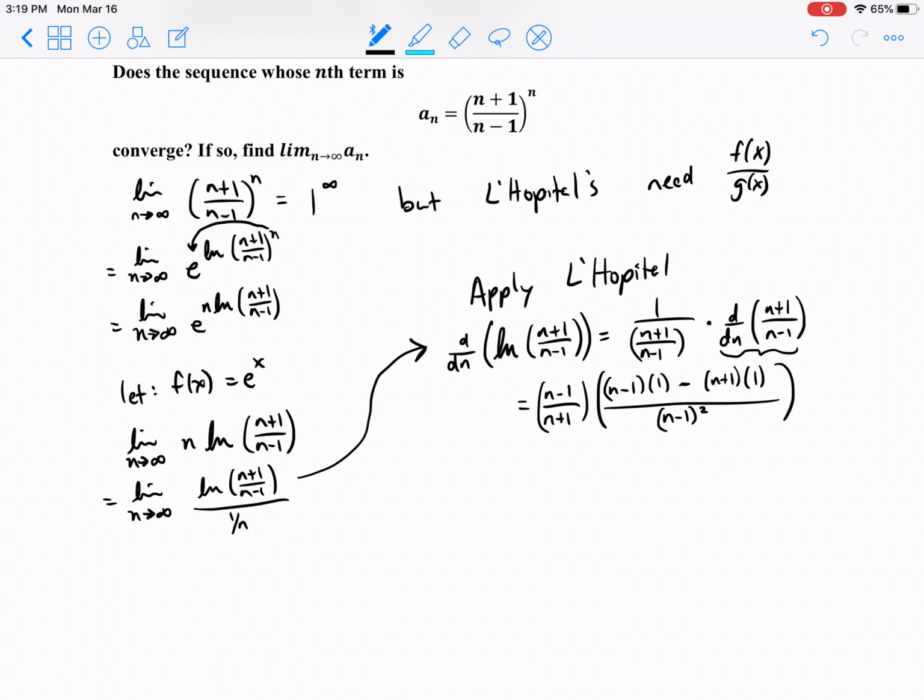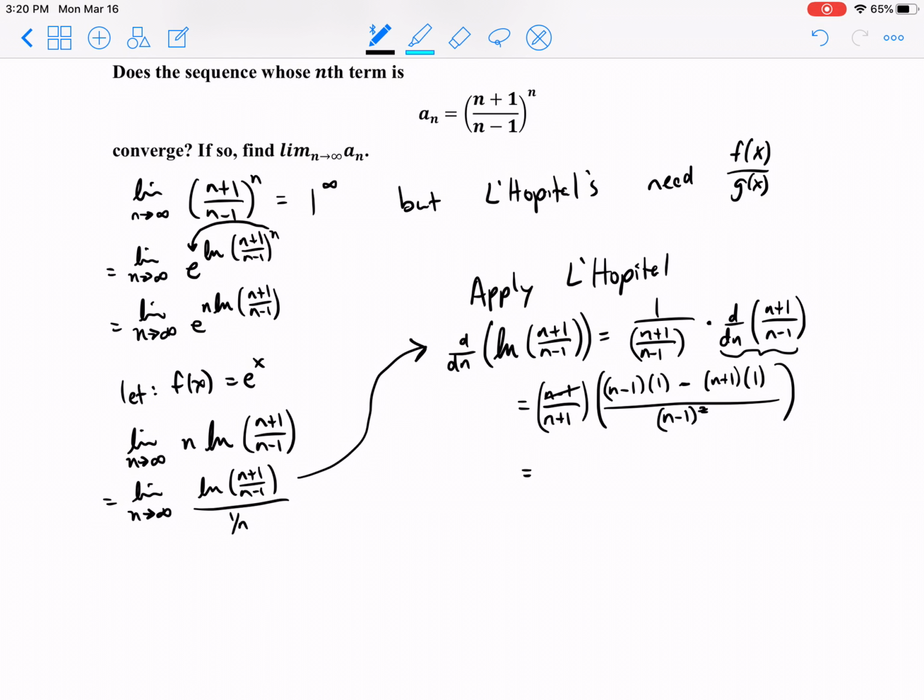Okay? And at that point, we have an n minus 1 squared in the denominator, and we have an n minus 1 in the numerator, and so we can actually cancel out one of those. And then we've got n minus 1 times 1, and then we have minus n plus 1 times 1.